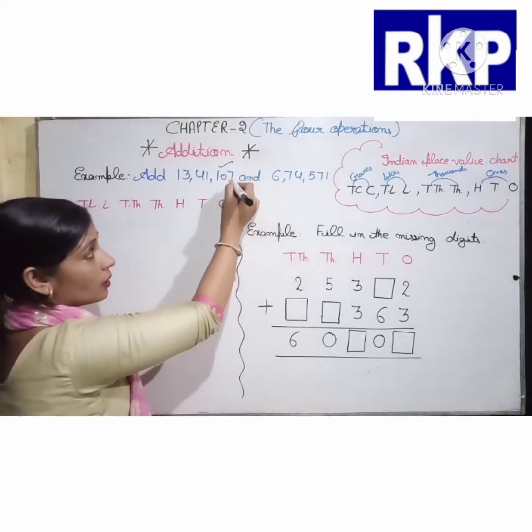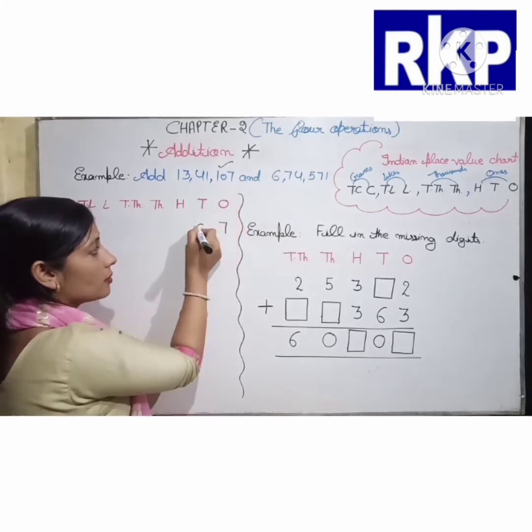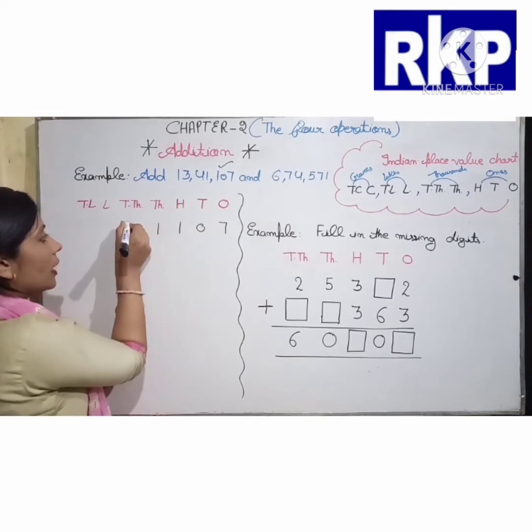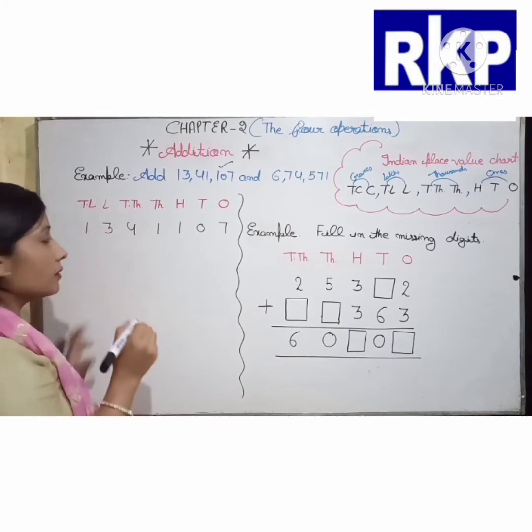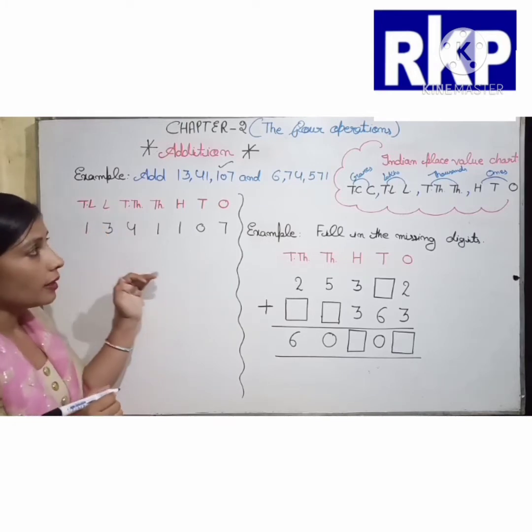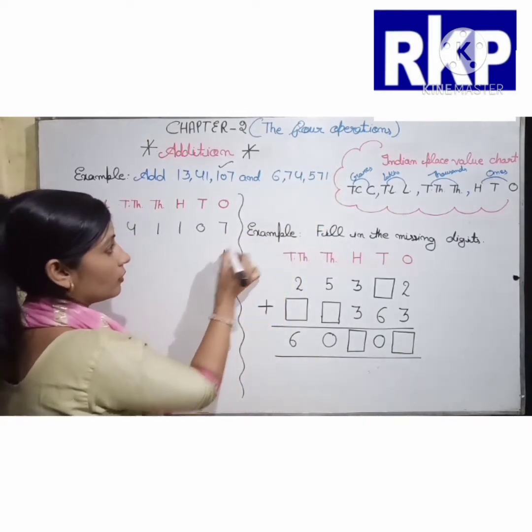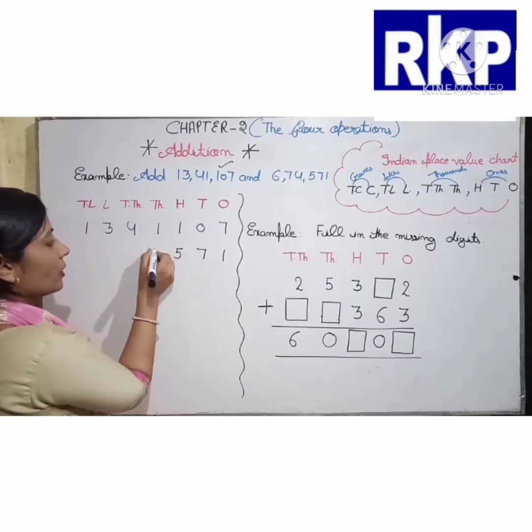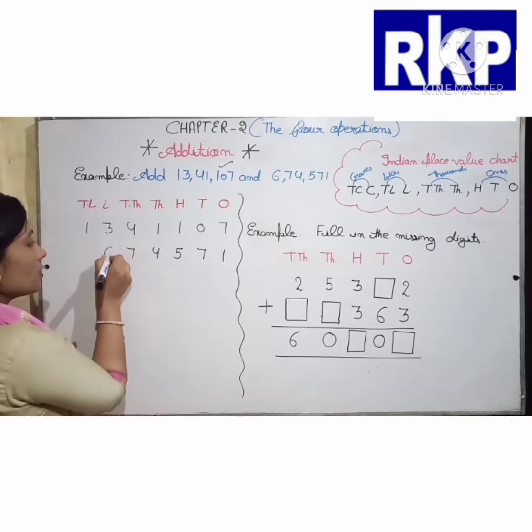Here at ones place we have 7, so here we have to write 7, then 0, 1, 1, then 4, then 3, and then 1 in 10 lakhs place. Now arrange this number. Here we have 1 in ones place, then 7, then 5, then 4, 7, then 6.